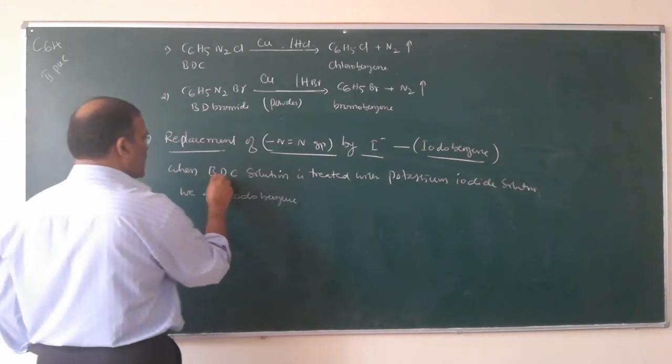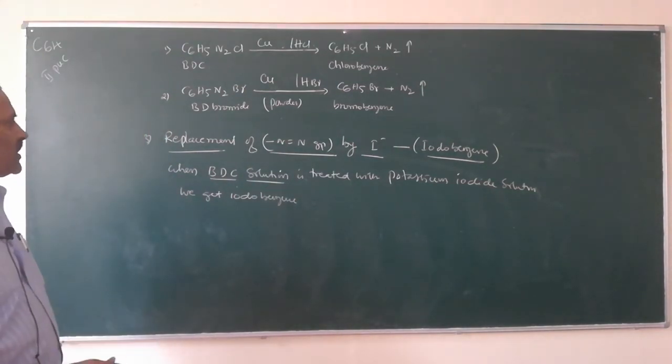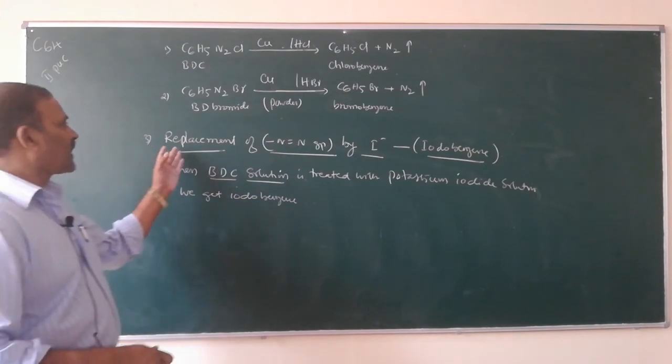So when benzene diazonium chloride solution is treated with potassium iodide solution, what happens?